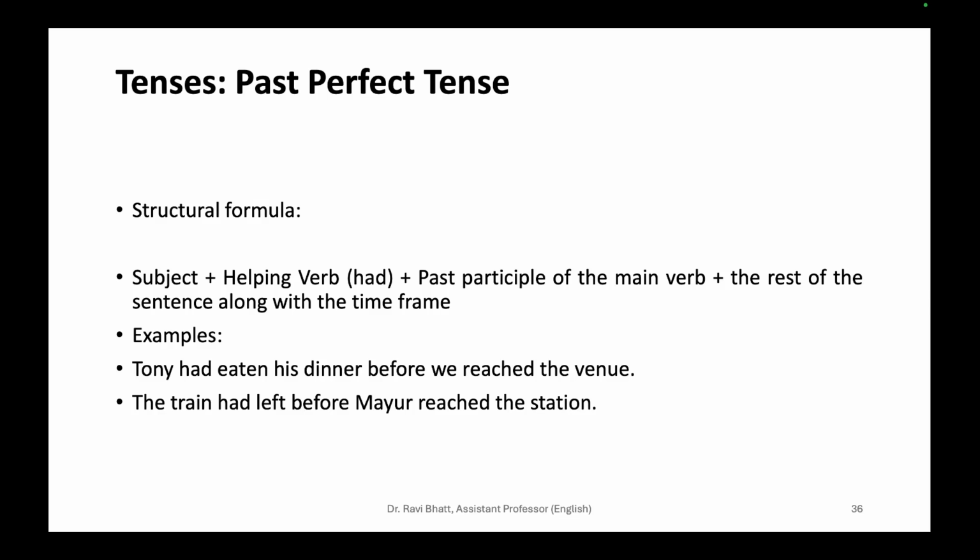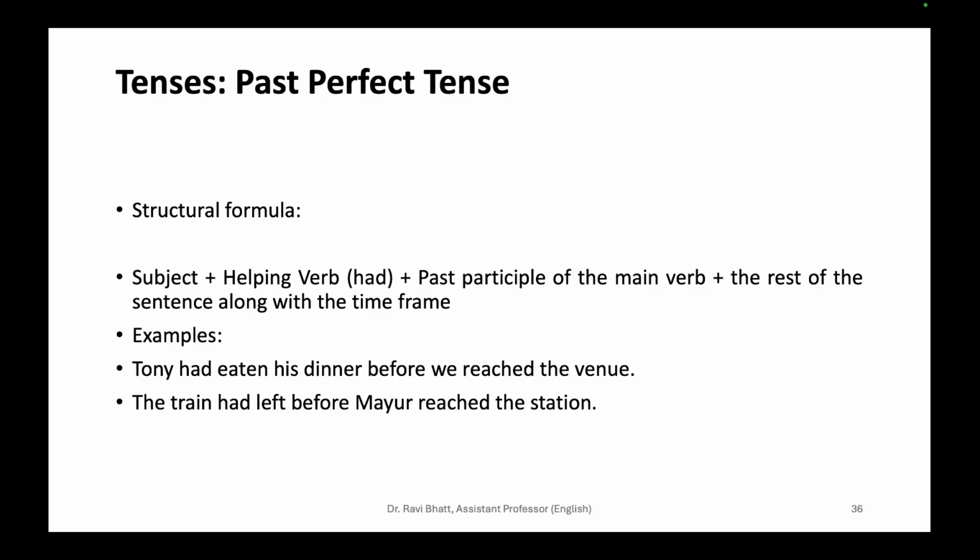However, when we are talking about a work that was finished with reference to past, we use past perfect tense. Okay. The structural formula is subject plus helping verb plus past participle of the main verb plus the rest of the sentence along with time frame.